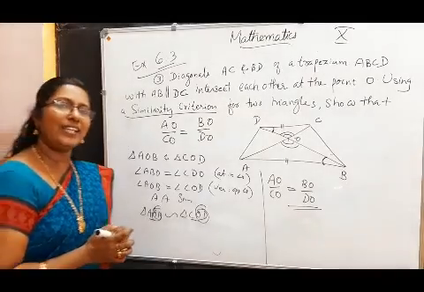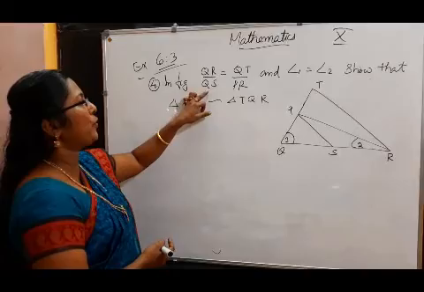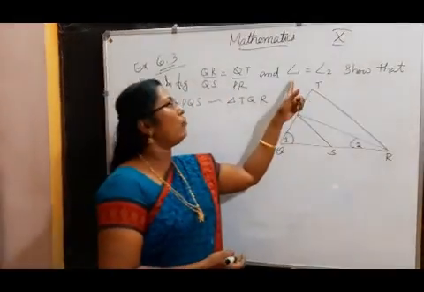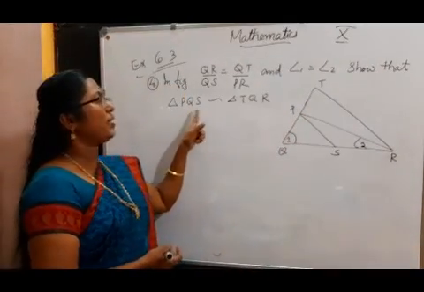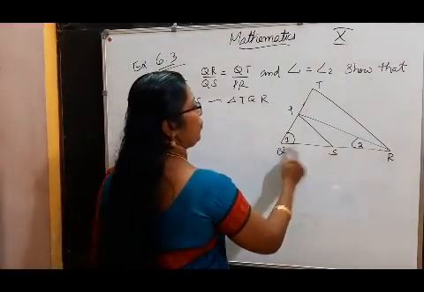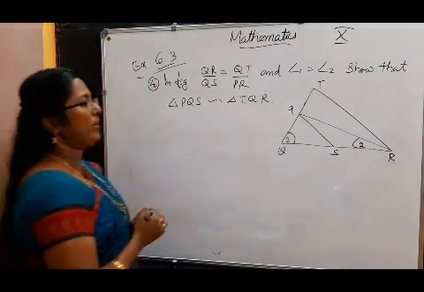Okay. The next question. In the figure, QR by QS equals QT by PR and angle 1 equals angle 2. Show that triangle PQS is similar to triangle TQR. Here what is given?